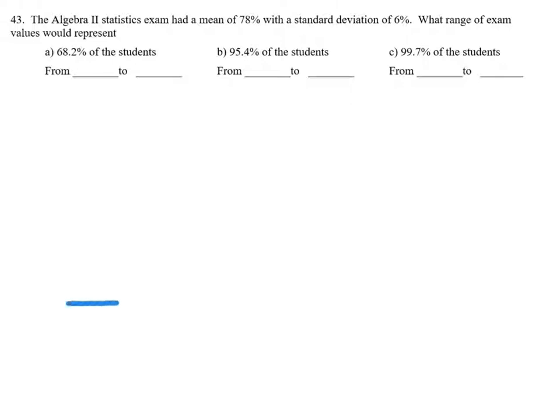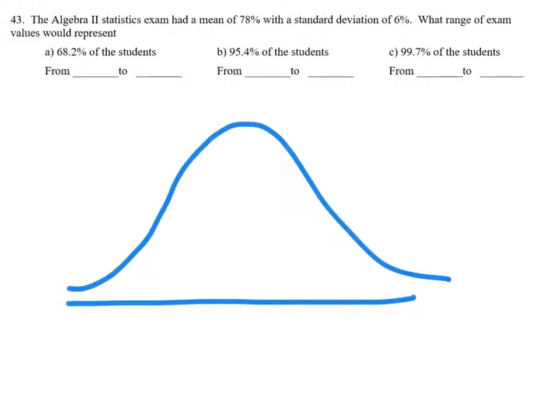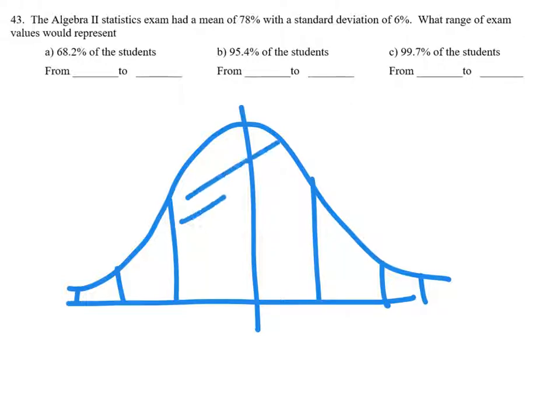Alright, this is just a knowledge of the normal distribution. We learned that in this region here, 68% are gathered.